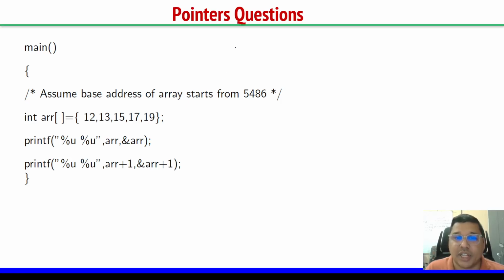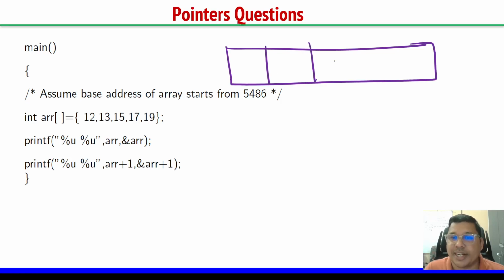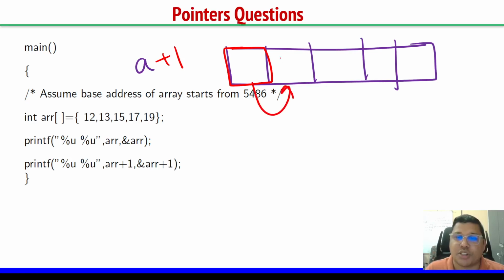Let me repeat once again. I will erase everything. When you have an array with some set of numbers, A is the name of the array, and when you are referring, A points to this box. So when you say A plus 1, it will move to next box. Address of this box will be your answer, ARR plus 1.